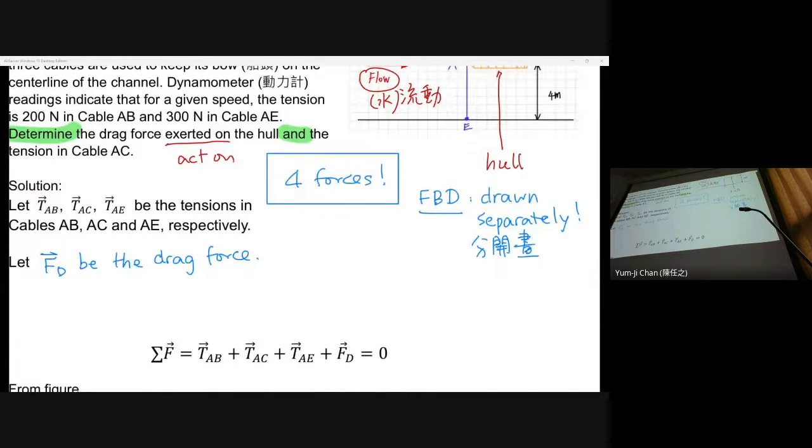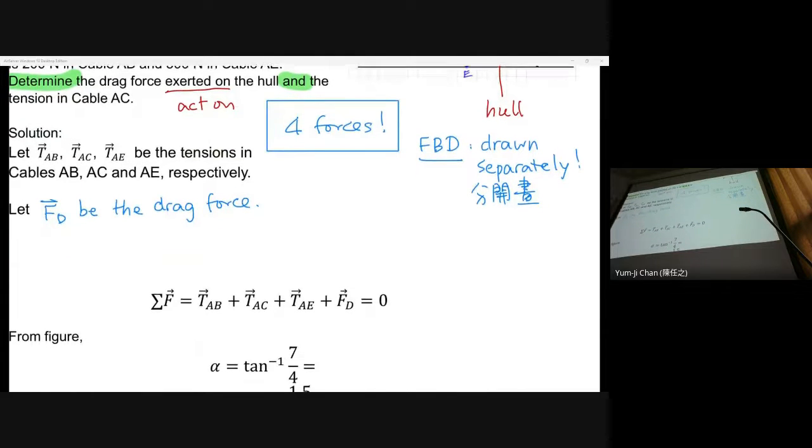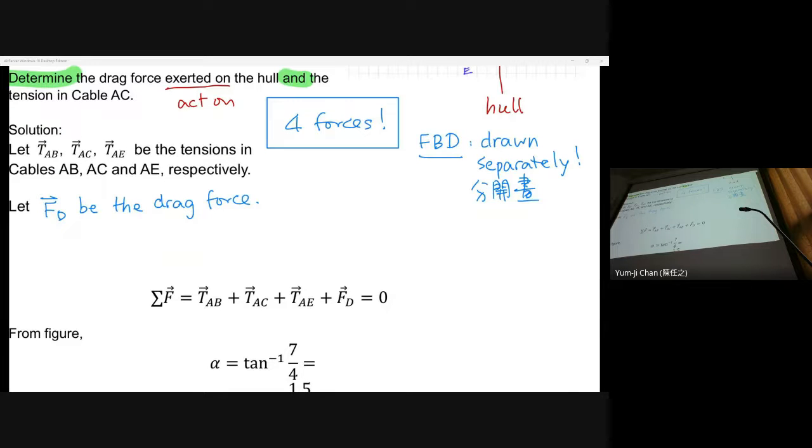Usually we would say it is drawn separately. Okay. So I will stop after drawing the free-body diagram. So we have x-axis and y-axis here, and we have four forces. Okay. So the first one is TAB.